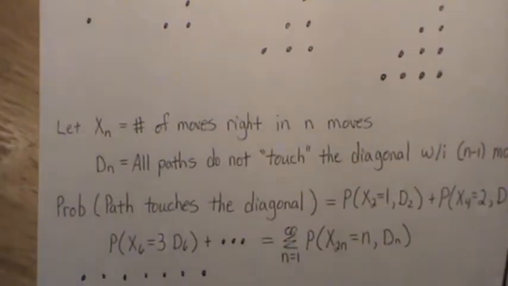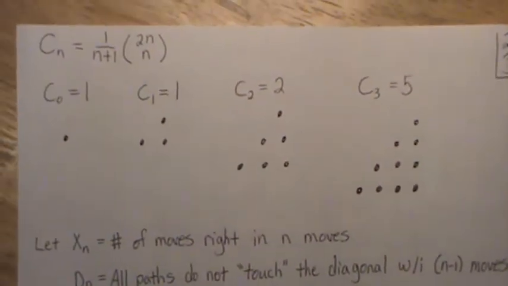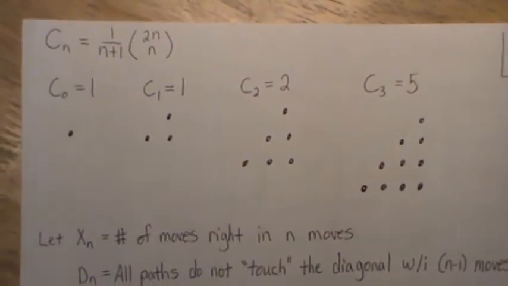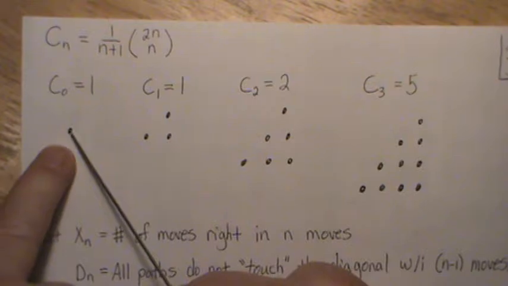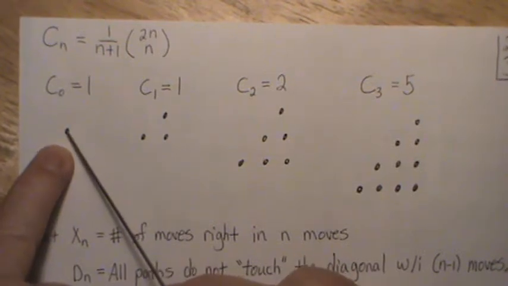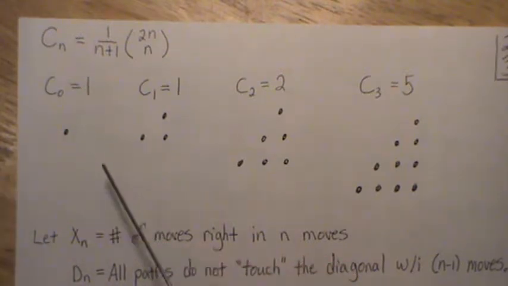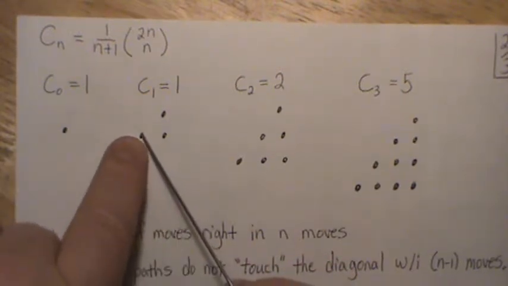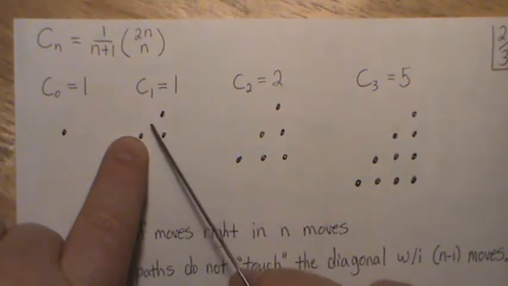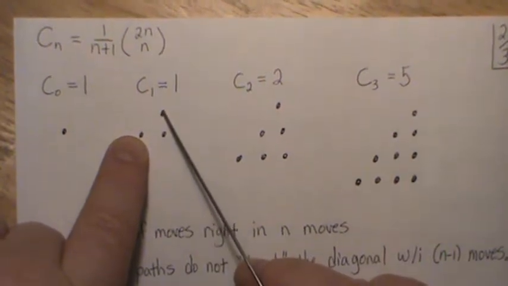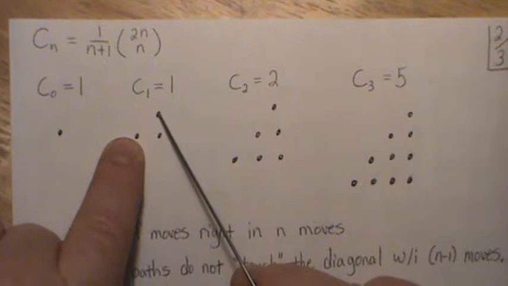So as a quick example, and here's the formula for the nth Catalan number. If n equals 0, then there's only one way to be on that point, and that's what that represents. Now remember, we start in the lower left, and this is the 1, 1 point, and there's only one way to get there.